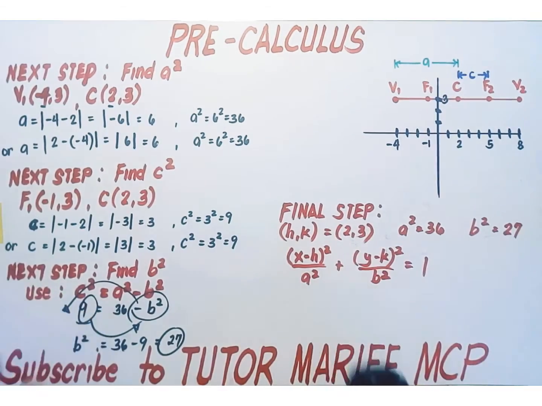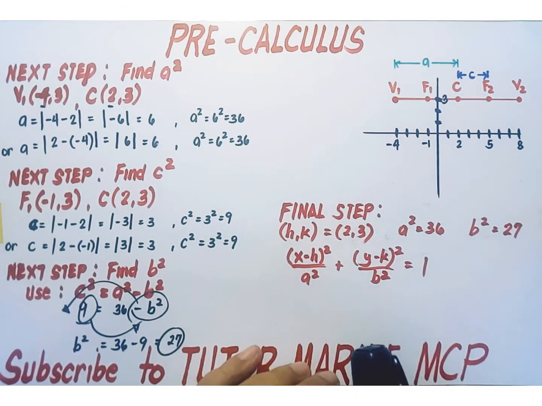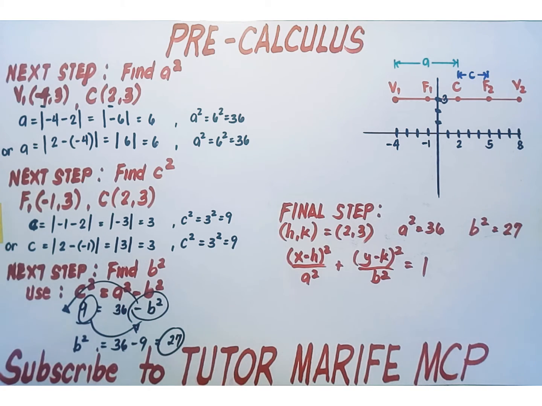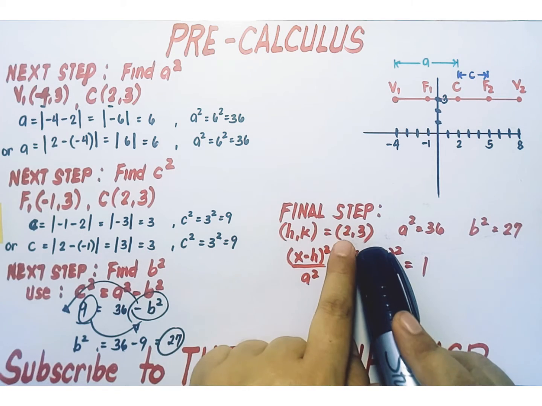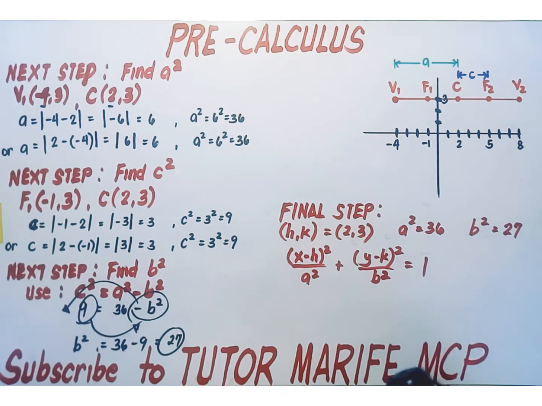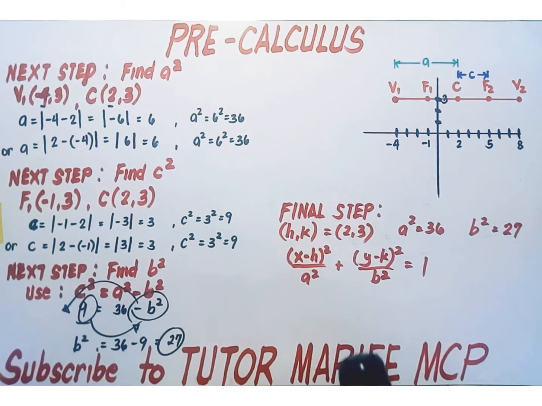After completing the information that we need to be able to write the standard form of the equation of the ellipse, we are now ready to do the final step of the problem. H is equal to 2, k is equal to 3, a squared equals 36, b squared equals 27. This is the correct standard form of the equation of the ellipse.